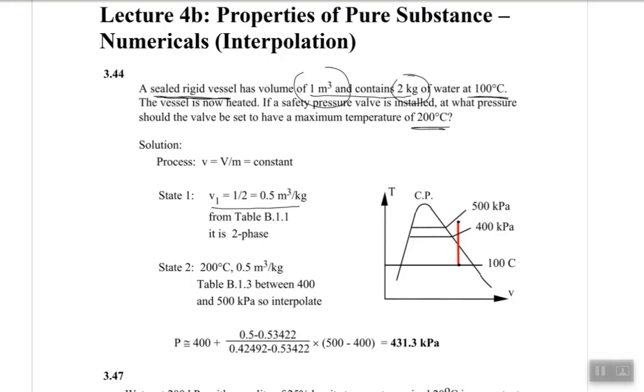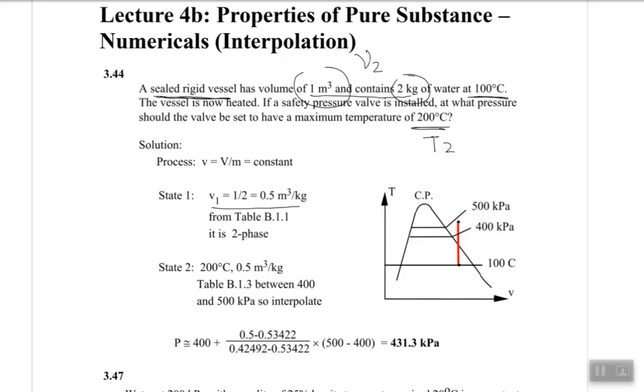In a simple way, when the temperature reaches 200 degrees centigrade while the volume remains constant, what would be the pressure P2? So we have to find the final pressure. We have the temperature T2 and volume V2, and at that temperature and volume, what would be the pressure P2?